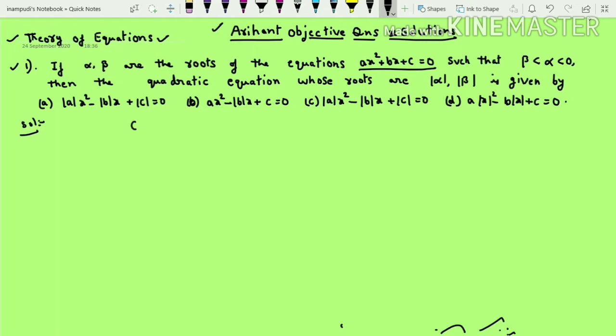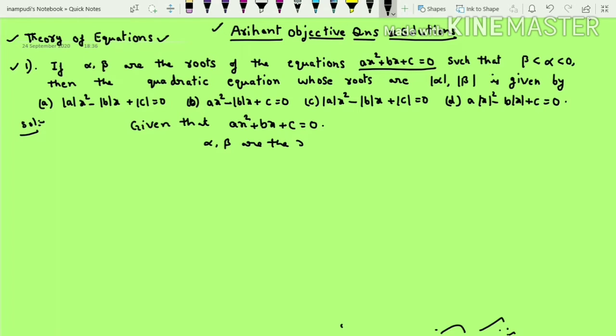Here, given the equation ax square plus bx plus c equal to 0, alpha and beta are the roots.